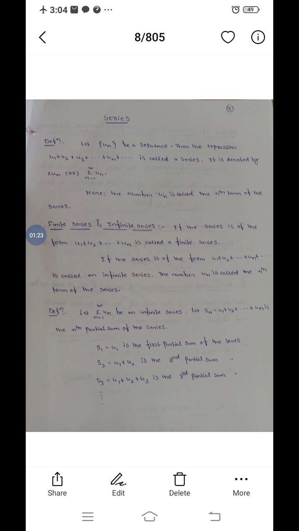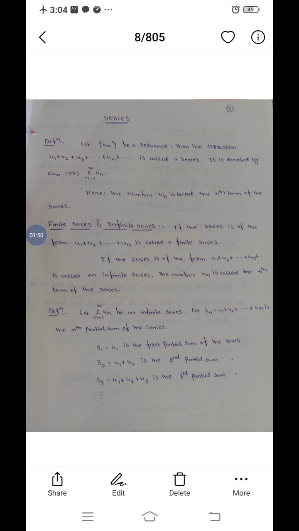Next, generally these series are categorized into two types, finite series and infinite series. Let us consider this representation u1 plus u2 plus and so on un. This expression consisting of a finite number of terms, or a countable number of terms, is called a finite series.